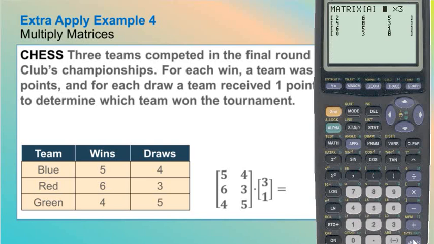First one's a 3 by 2. So we'll have 5, 4, 6, 3, 4, 5. Next one, edit this one, and this is a 2 by 1. So we have 3, 3, and then 1.